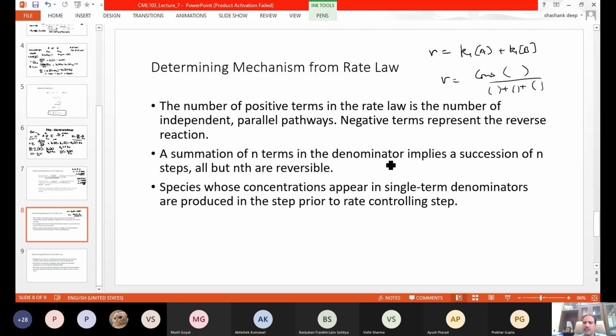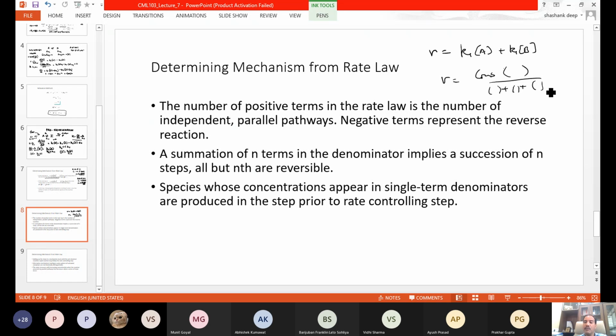It means this reaction should follow at least three steps, in which the first step is reversible and there are two more steps. It can be more than three steps.